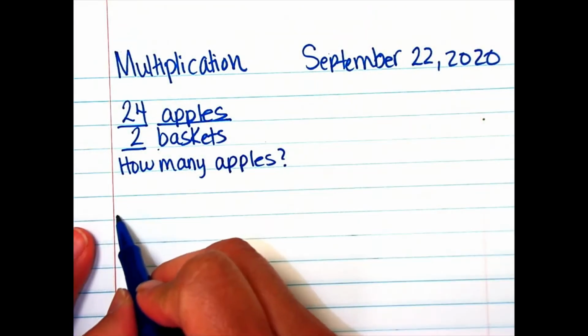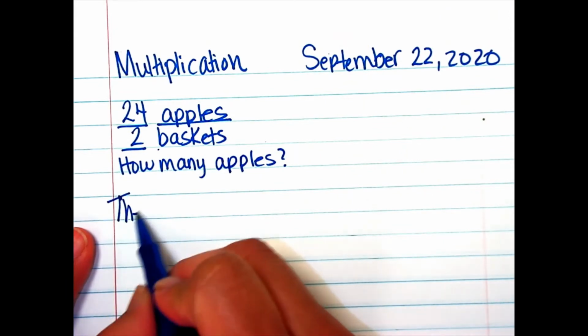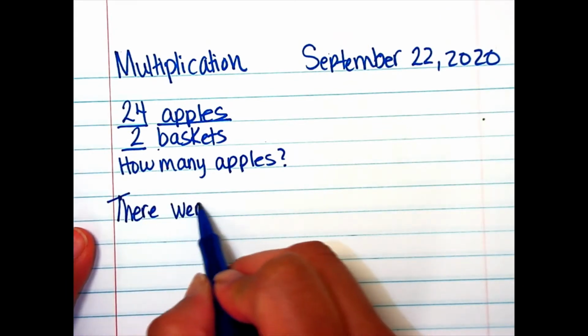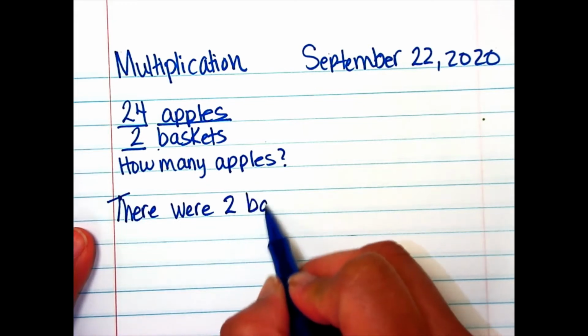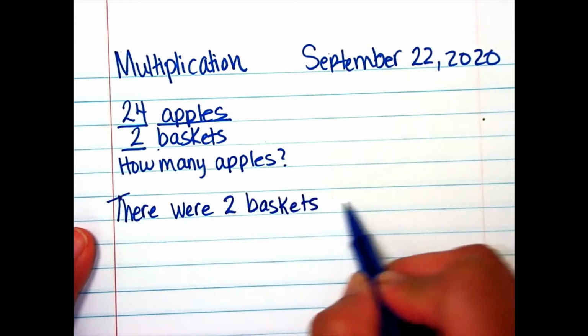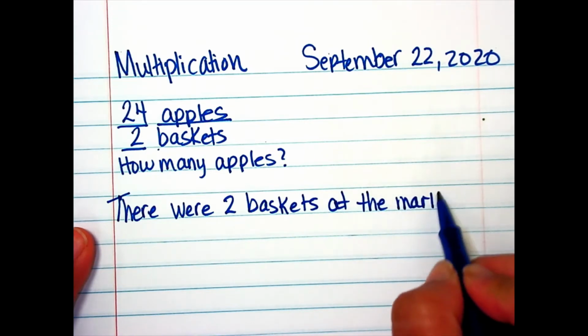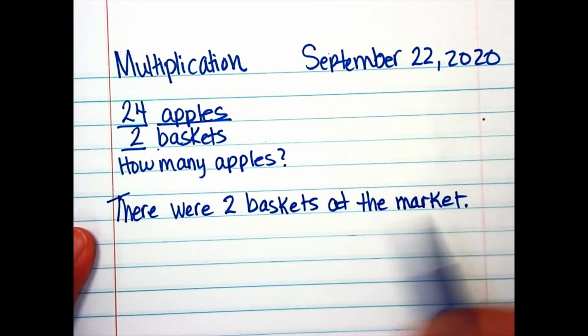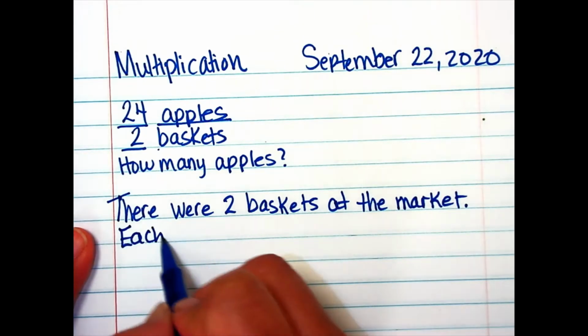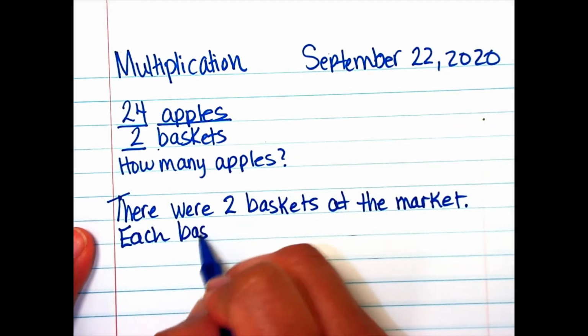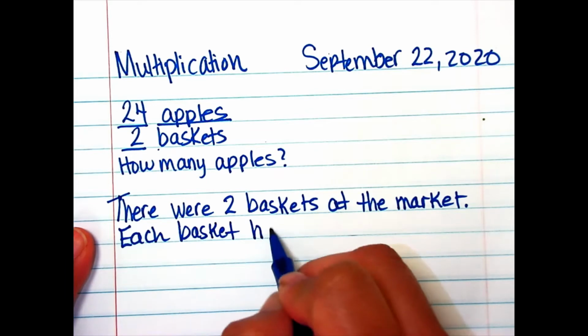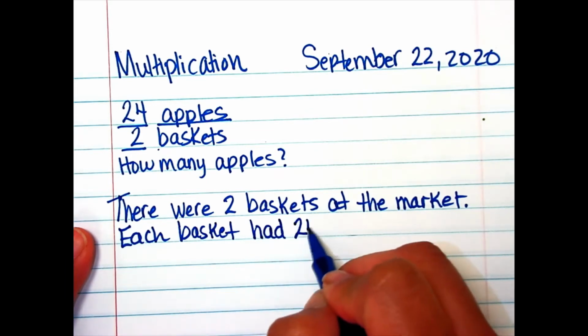So let's say there were 2 baskets at the market. Each basket had 24 apples.